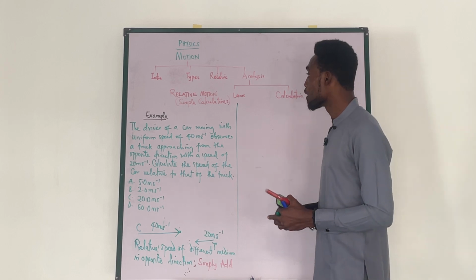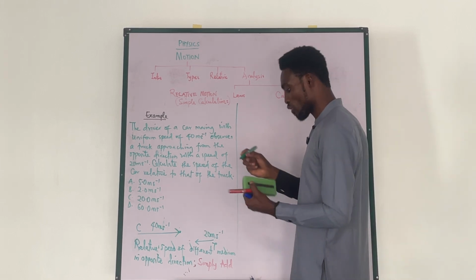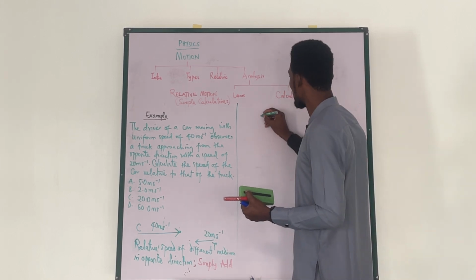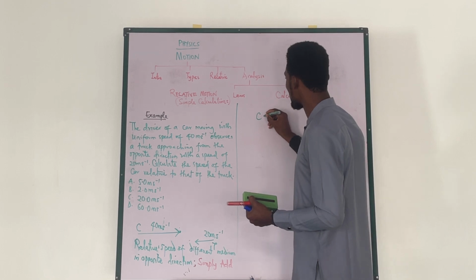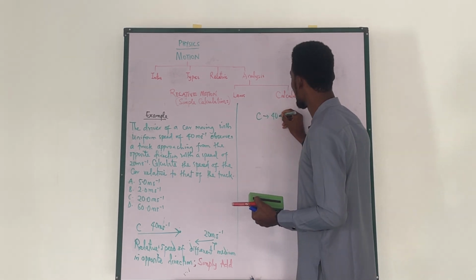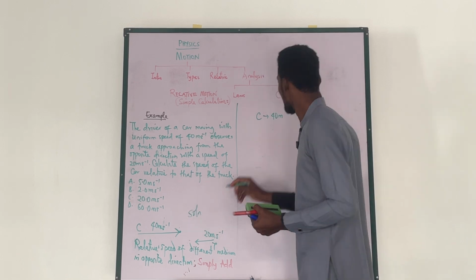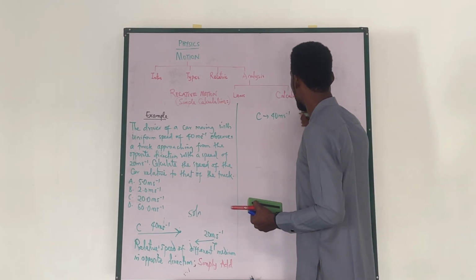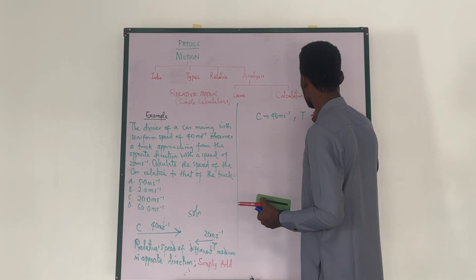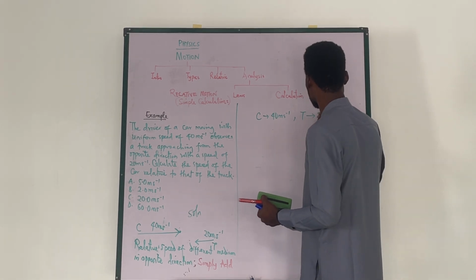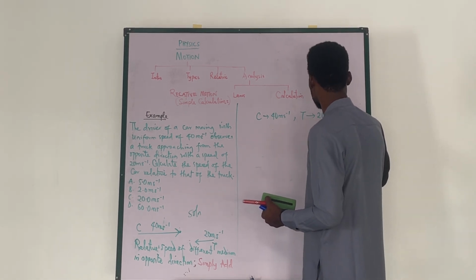So what do we do? Get the speed of the first vehicle. What's the speed of the first vehicle? 40. So C runs at 40 meters per second. And your truck T runs at 20 meters per second.